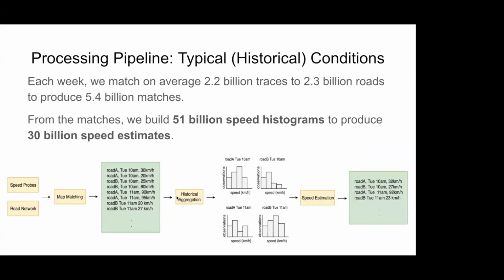These live speed probes are broken up, disaggregated, anonymized, and then matched to the existing road network, where each network segment is described as a piece of road between two independent nodes, where each node is an intersection. And then it is aggregated on top of the historical aggregation, which exists for that particular time bucket, to generate a time of day speed estimate that is then served. That time of day speed estimate is served both for live and historical. So the live exists as a layer above historical.